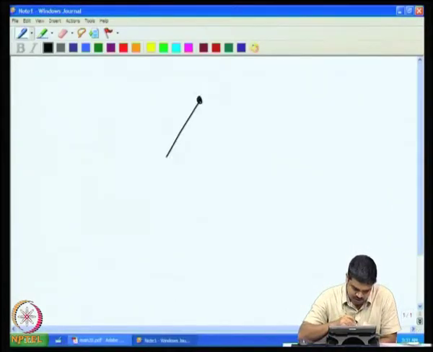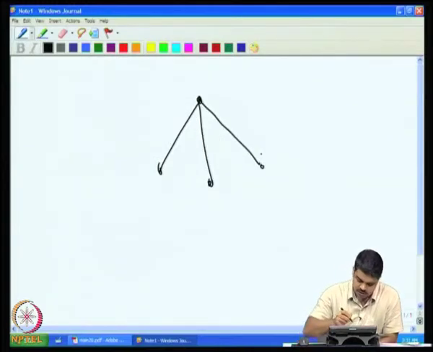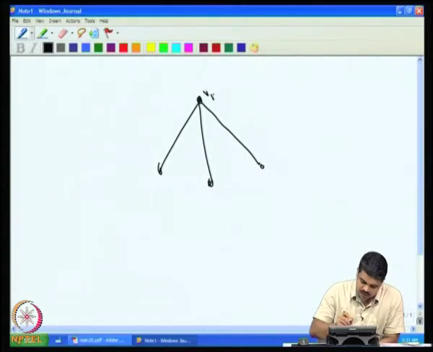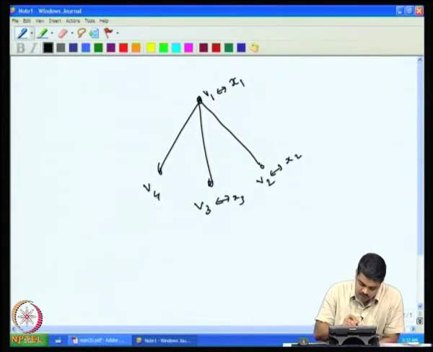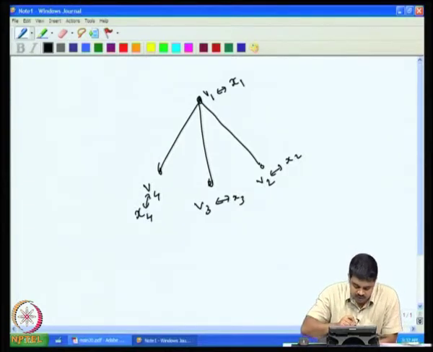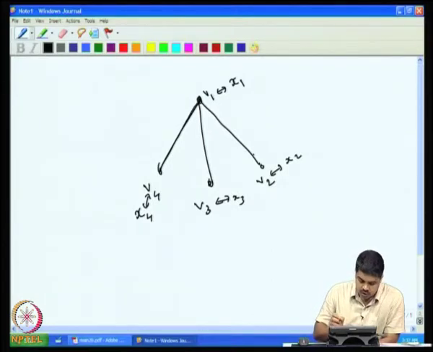So, you can take a small example. For instance, let us consider the very simple example of a star. Let me say this is v1 and I assign a variable x1 to it, and this is v2, therefore x2 is assigned to it. v3 has a variable x3, and v4 has variable x4. Now, we have these edges v1v4, v1v3, v1v2. So, our polynomial will correspond to these terms.